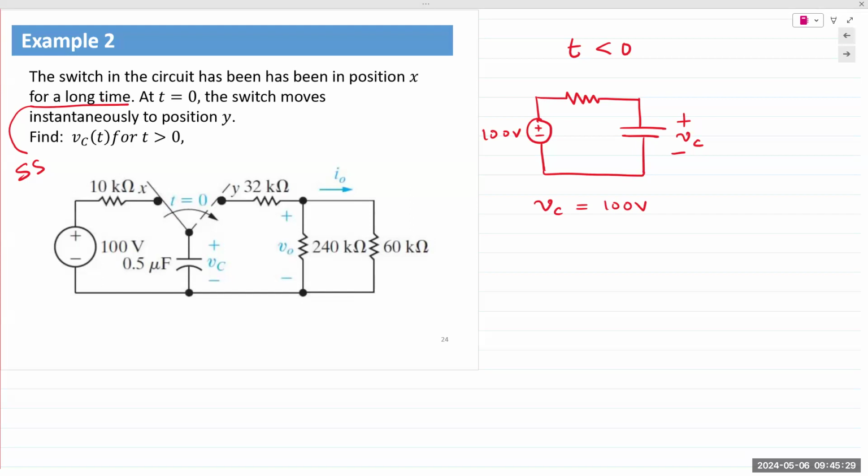For time t greater than 0, the switch flips to the right. The only thing remaining in the circuit, similar to the previous one, is the capacitor and 3 resistors.